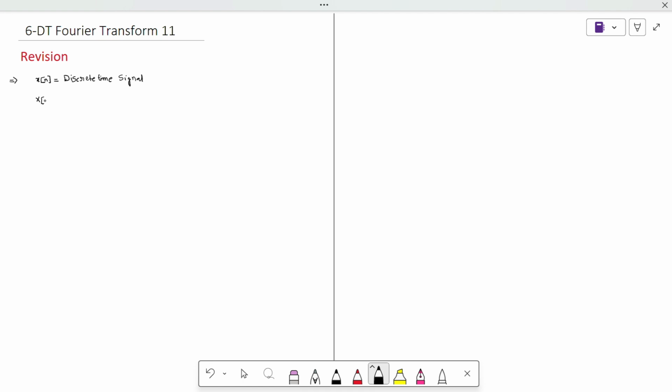And x of e power j omega is the discrete time Fourier transform of x of n. So this is the time domain signal, this is the frequency domain, that we know.